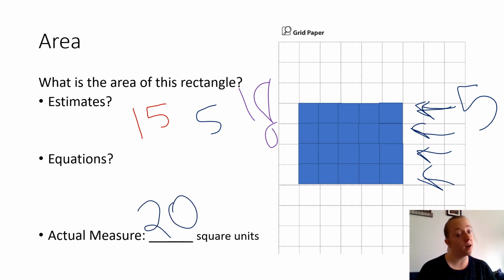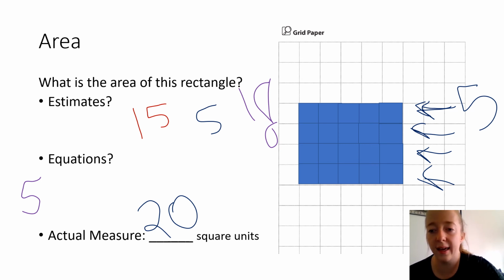Nice. Now, bonus points. Can you write an equation to go with the strategy you use to find the area? So for example, if I skip counted by 5, how many times did I count by 5? Right, I counted by 5 4 times.